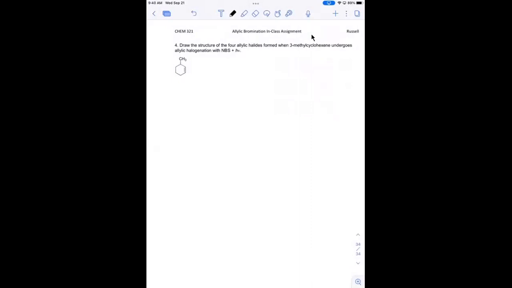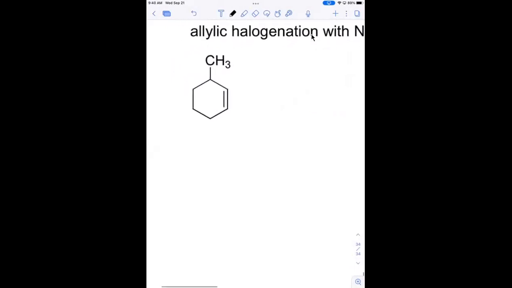Everybody write this question down. It's just an allylic bromination problem. You don't have to go through the mechanism. I just want you to draw out the radicals that you'll get in propagation and the products. So let me give you a jump start. Where are your allylic sites on this molecule?